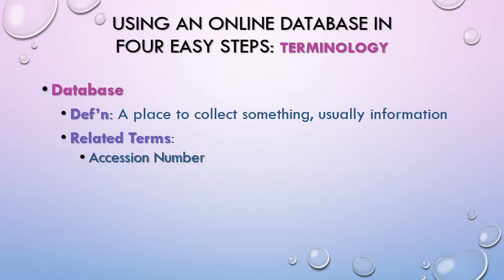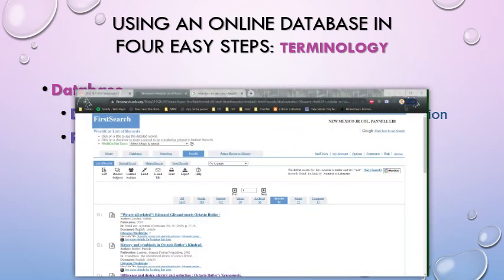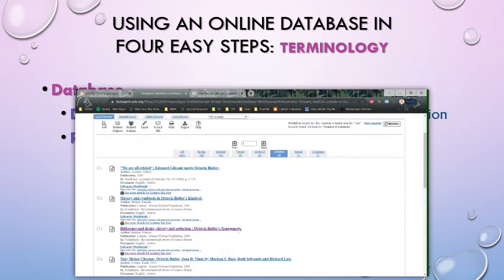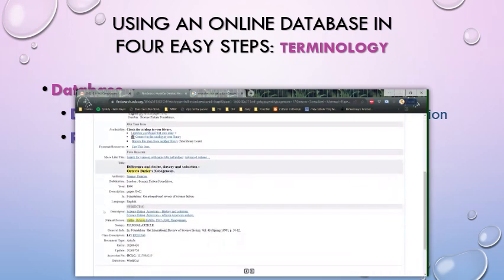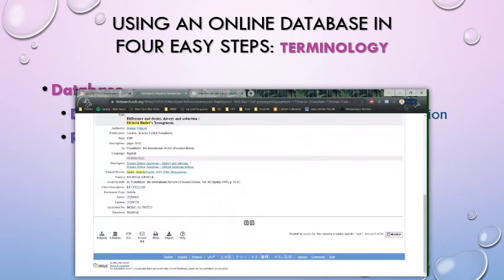A couple of related terms, accession number. Some databases have accession numbers. So when you go into the detailed record, when you go into the citation information, there might be an accession number in there which you will need for your end-text citation.